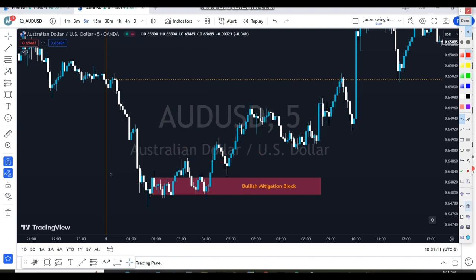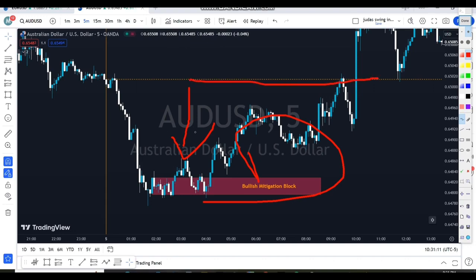Let me repeat this. Now this is again a picture perfect example for you. What we are doing: this zone is a discount zone. This is the midnight open. We need to buy here only.